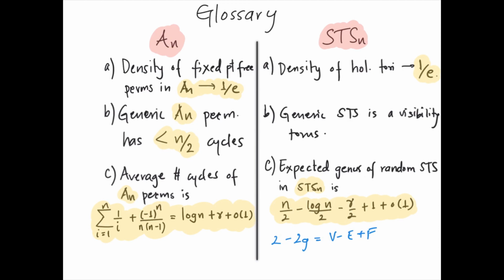And since we are fixing n squares, f is fixed to be n, e is fixed to be 2n, and hence you just care about the vertices, which, as you know, because of the vertex gluing lemma, is roughly log n plus gamma plus little o of 1. And hence, solving this, you get the genus to be n over 2. And so these are just 3 facts that are relevant for the theorems.